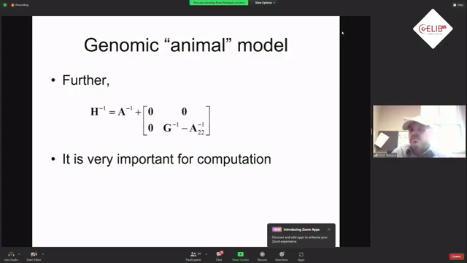And unfortunately, it's not a trivial question anymore in a reasonable application of genomic selection when you are dealing with a reasonable population. For example, in the dairy cattle population in the US right now, we have several million genotyped individuals. So this matrix G-1 will have a dimension of a few million by a few million.